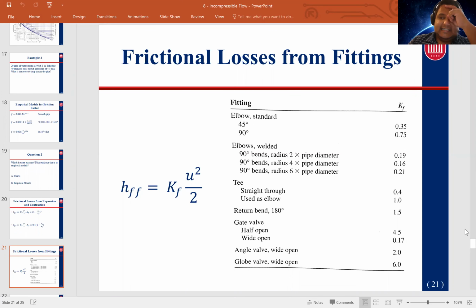And like I said, it's going to vary from fitting to fitting, even from manufacturer to manufacturer. And so when you're considering energy and kinetic losses in fittings, tees, all those kinds of things, you have to essentially look them up. For any sort of midterm, if you're going to see this, I would provide you the table that you would need to obtain the fitting values.